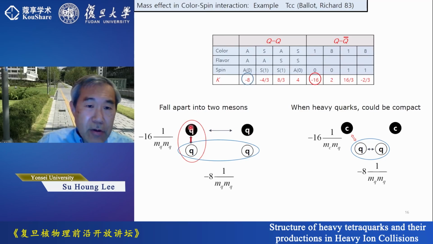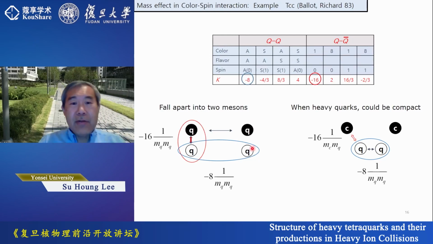This black dot is a quark, the empty one is an antiquark. Now, if you have a quark antiquark, then the most attractive channel here is 16. The most attractive quark channel is -18. So therefore, if you try to put them together, instead of the quarks coming together, they will just fall apart into two separate mesons.